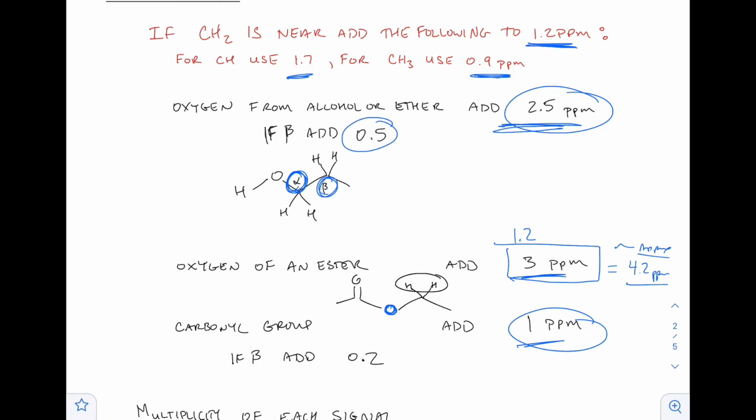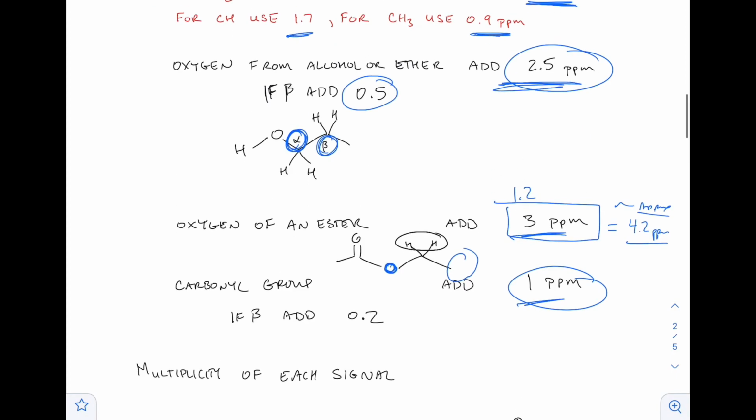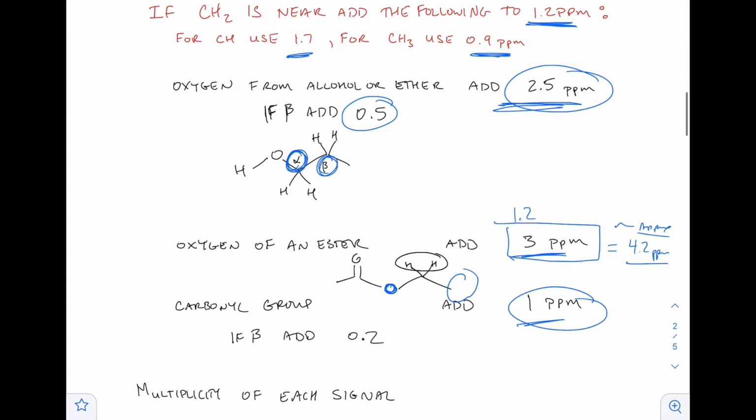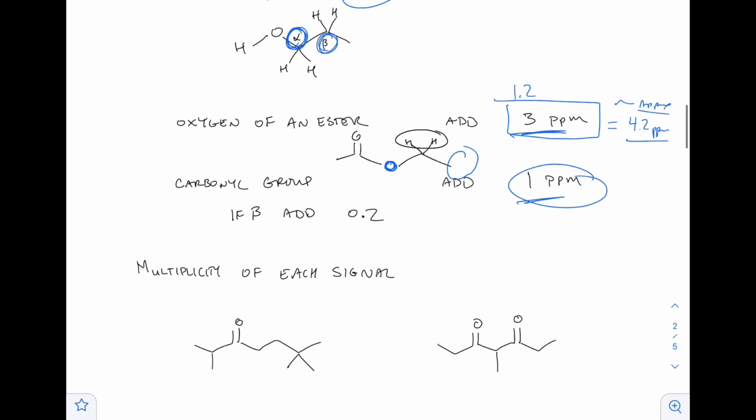So that can be applied probably to this ester too. You're obviously going to have a little bit less of an addition for that one, but I don't have a number for you. And then it's probably similar, about a half, but again, these are just estimations anyway, right?